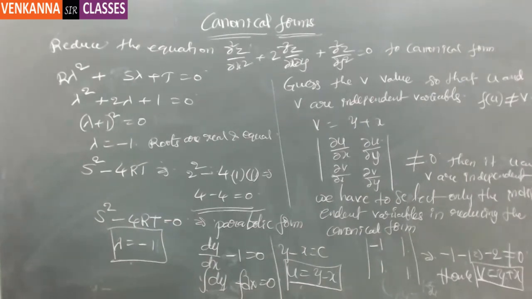What is the canonical form of this equation? Make it fast.